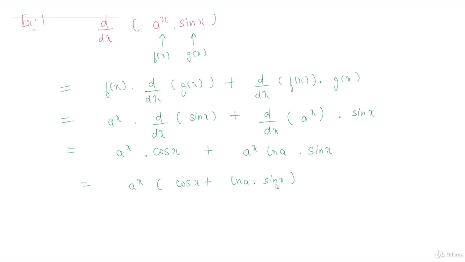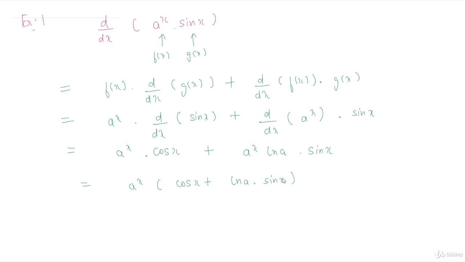So here we have used two things. One is the product rule and the other is the derivative of some common functions like sine x, cos x, and the derivative of a to the power x. So this was our first example.